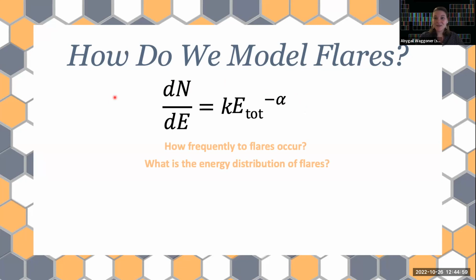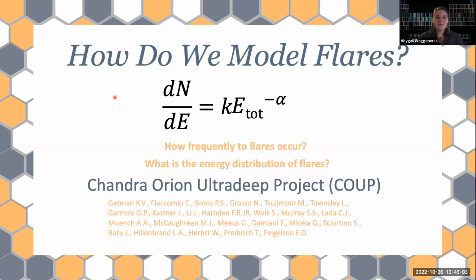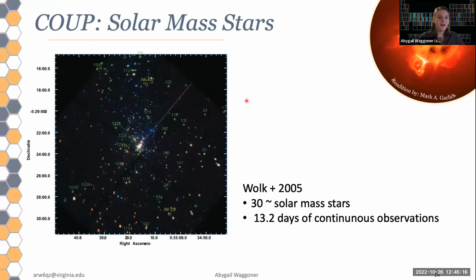And so I know at least a couple people in this audience who are part of this project. But to answer these questions, I turn to the Chandra Orion Ultra Deep Project, or the COUP survey. So COUP actually surveyed the Orion molecular cloud. And they have tons of beautiful work and papers. I recommend checking them out. Getman et al. 2005 is the first one.